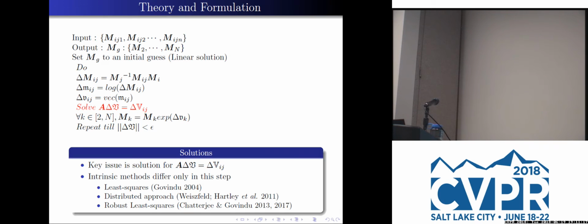This can be shown; I'll refer you to a paper of mine from last year, called Robust Relative Rotation. It actually shows in a different manner that this is nothing but a quasi-Newton step, if you want to ignore the group structure.